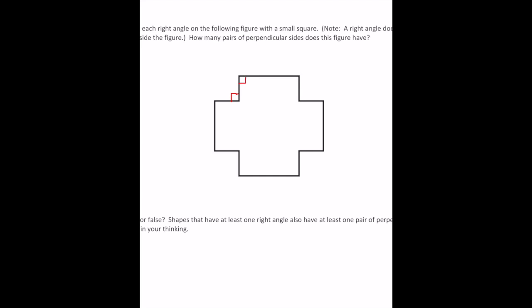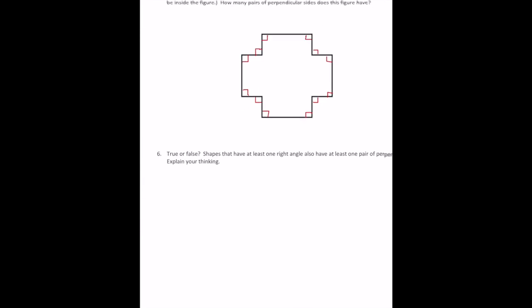There's one there. Any place that a line segment and another create a vertex that is 90 degrees would be considered perpendicular. Okay, so you call that out, and then you could check to confirm that those are all true and if there's anything missed. So the primary purpose of this lesson is to determine what sides are perpendicular to each other.